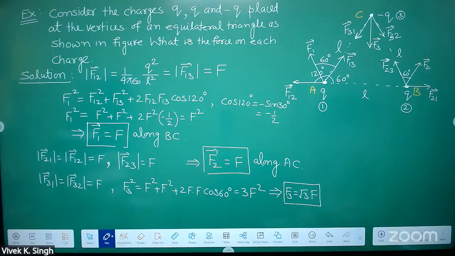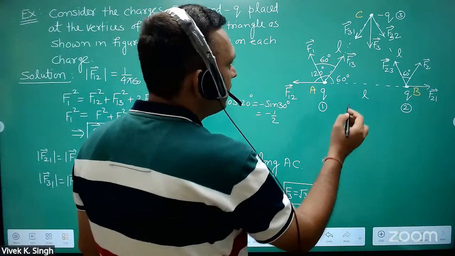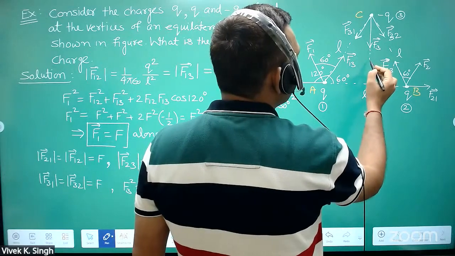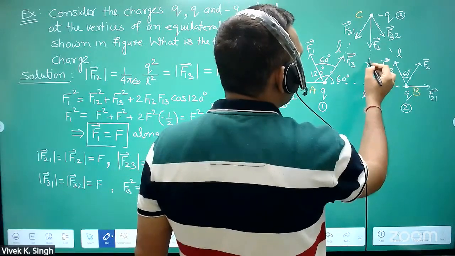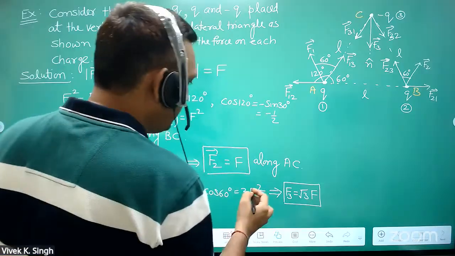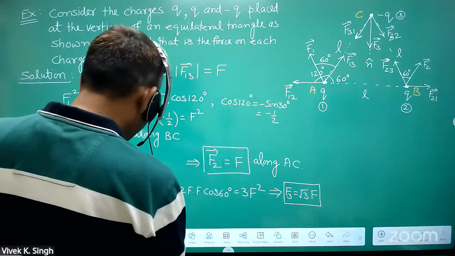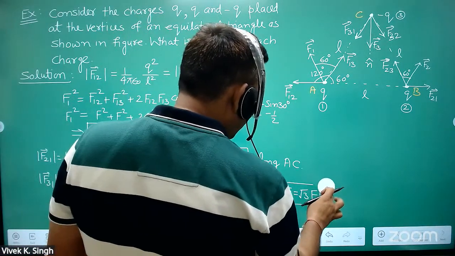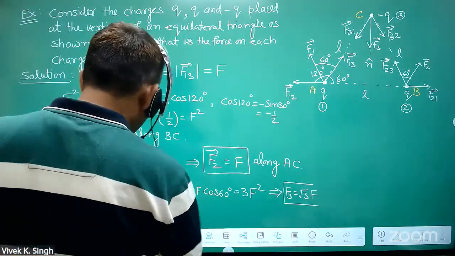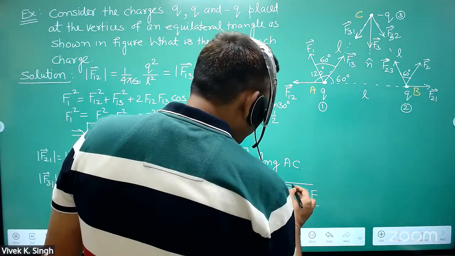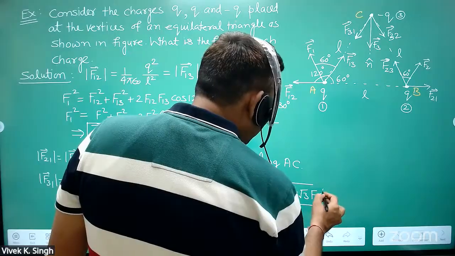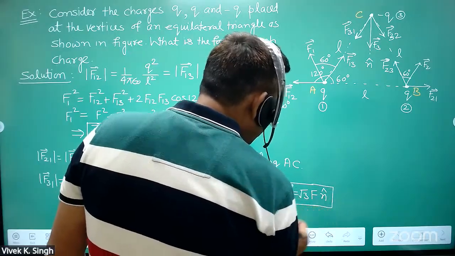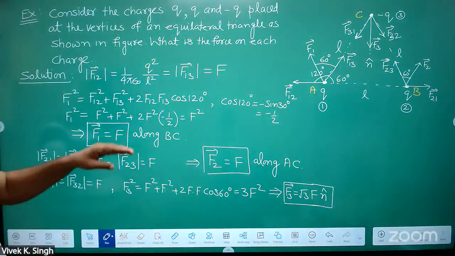Magnitude is √3f, and let's say this direction is, इसको हम ये डायरेक्शन n कैप ले रहे हैं, so that will be its F3 को आप लिख सकते हो on this value. Yes or no?